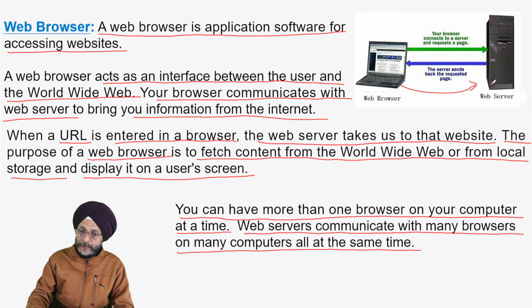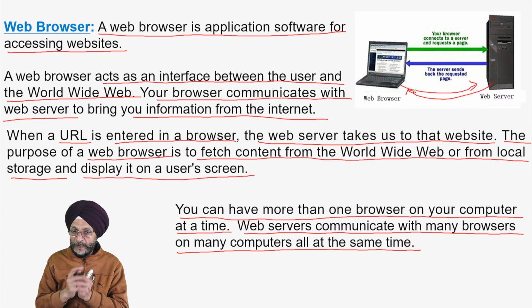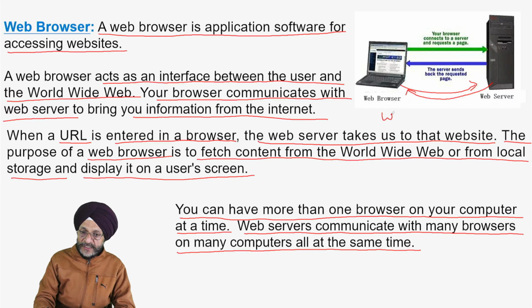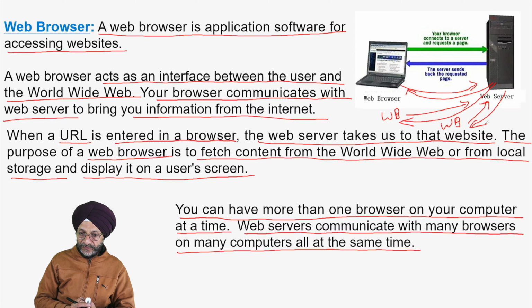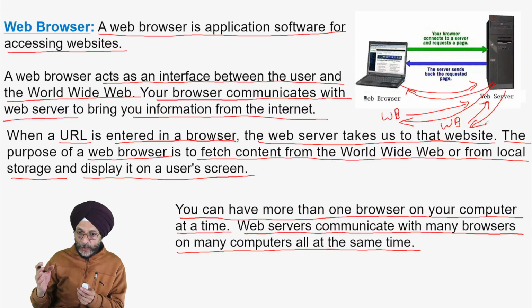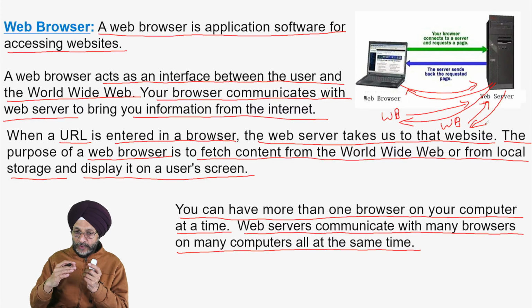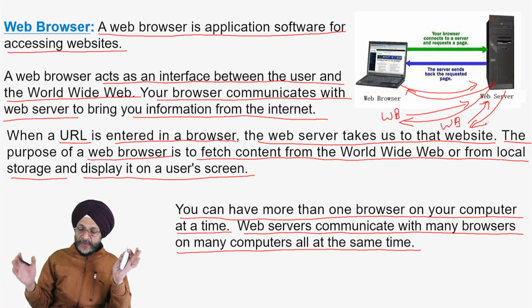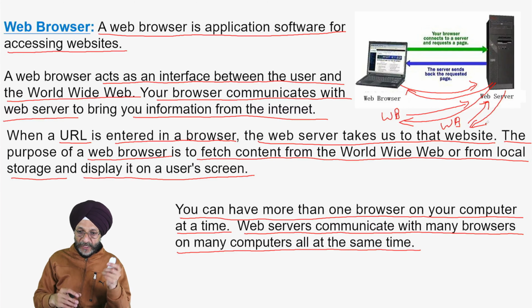It is not that the web server will answer that web browser only. If there is another request from another web browser for some other file, then the web server will also at the same time reply to other web browsers. So the web server is in a position to communicate with many web browsers at the same time.